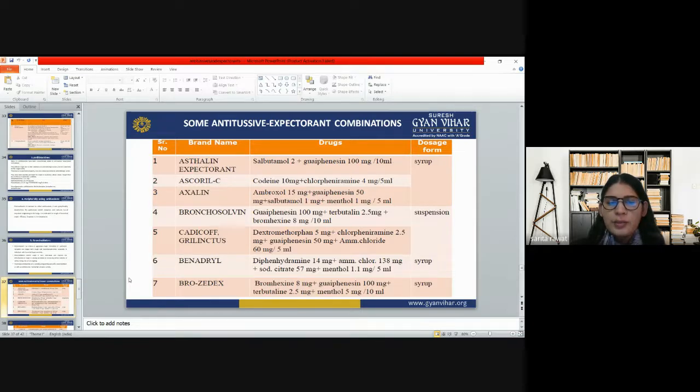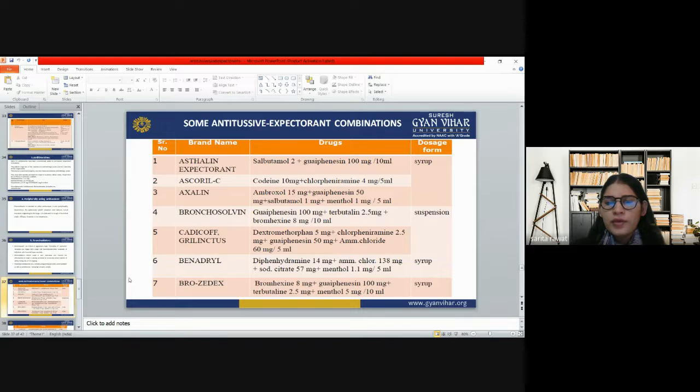Then we have Benadryl also. This is a well known antitussive expectorant combination and mostly an OTC drug. It includes diphenhydramine 14 mg plus ammonium chloride 138 mg plus sodium citrate 57 mg plus menthol 1.1 mg per 5 ml.